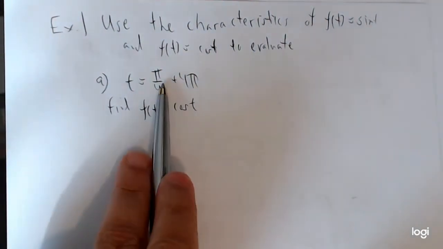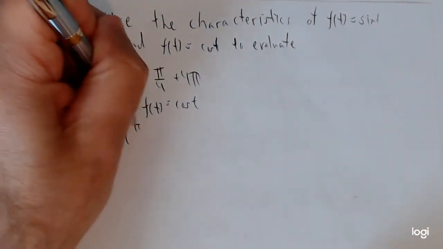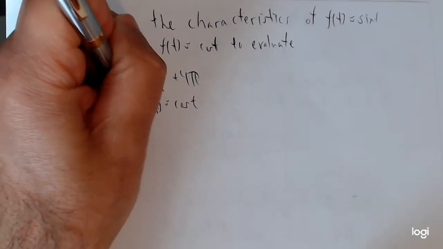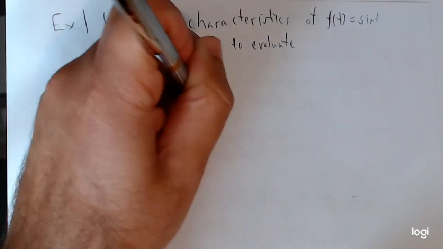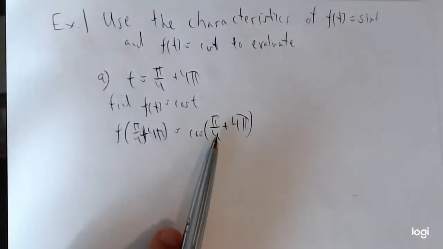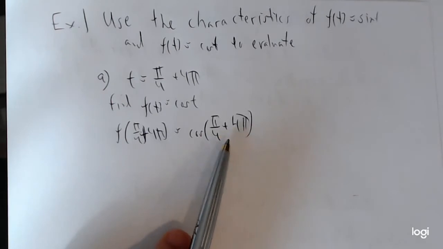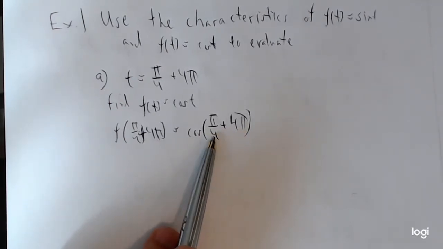So then what is it? If I have f of pi over 4 plus 4 pi, that becomes cosine of pi over 4 plus 4 pi. But if you notice, every time we add 2 pi, we end up in the same place. So if I'm adding 4 pi, I end up in the same place as pi over 4.